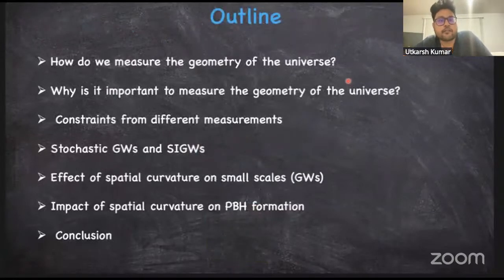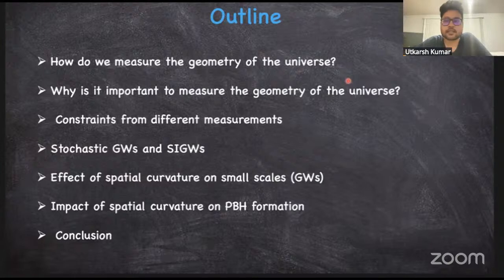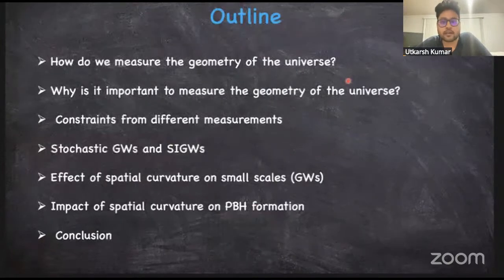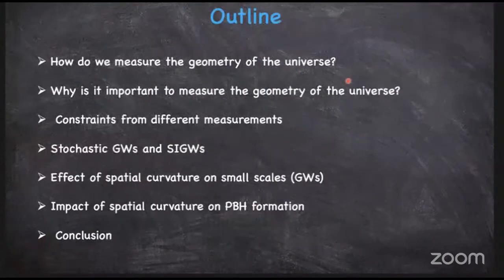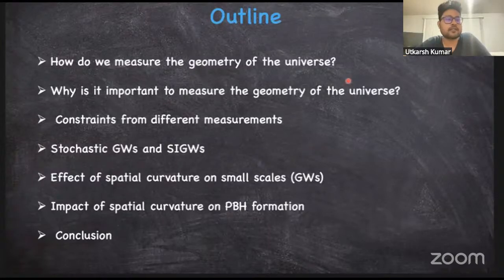This is a brief outline of my talk. I'll start by discussing the geometry of the universe, how we measure it in cosmology, and why it is important to measure the shape of the universe. I'll also give some current constraints on the curvature from different measurements, and then we will briefly give an overview of the recent measurements of the stochastic gravitational wave backgrounds and the scalar-induced gravitational waves.